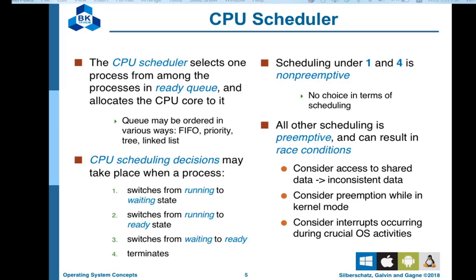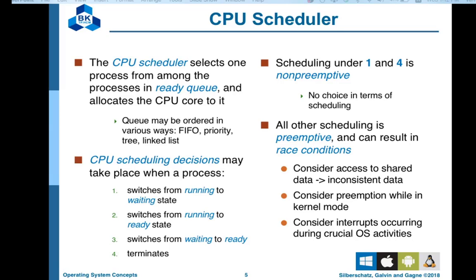Okay. So when you use preemptive scheduling, you must be careful. You must consider these three problems. First, consider access to shared data. The second, consider preemption while in kernel mode. And the third, you must consider interrupts occurring during crucial OS activity.